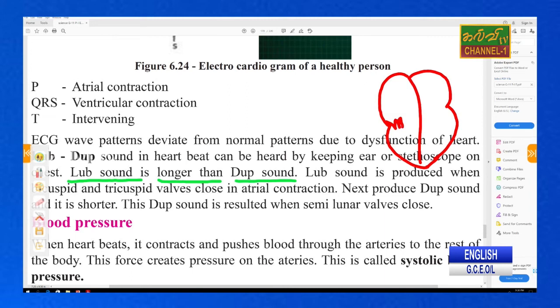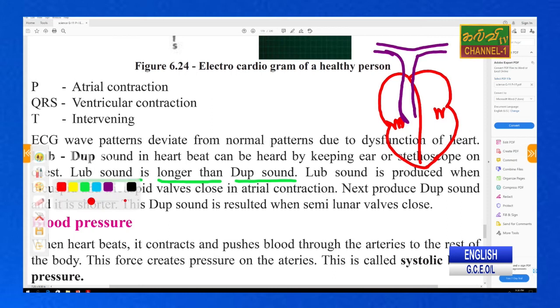This tricuspid valve, and here the bicuspid valve. And there are other valves also, here the pulmonary artery and the aorta.